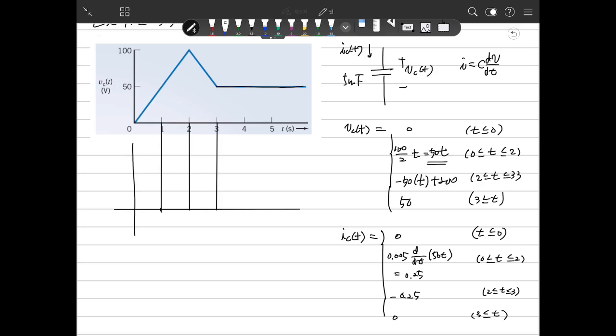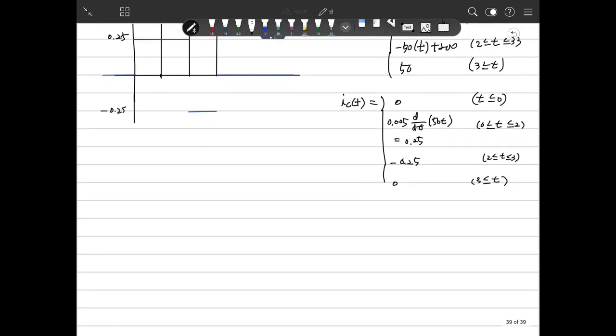Here this is 0, and from 0 to 2 their value is here, and their value is here, and there will be 0, right? So their values are 0.25 and minus 0.25. That will be i(t).